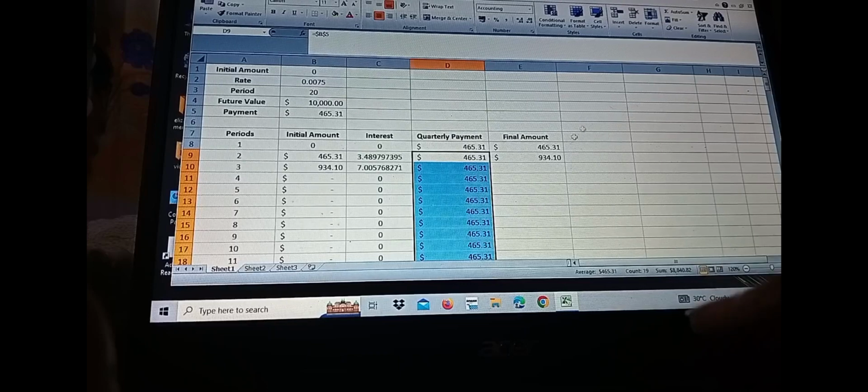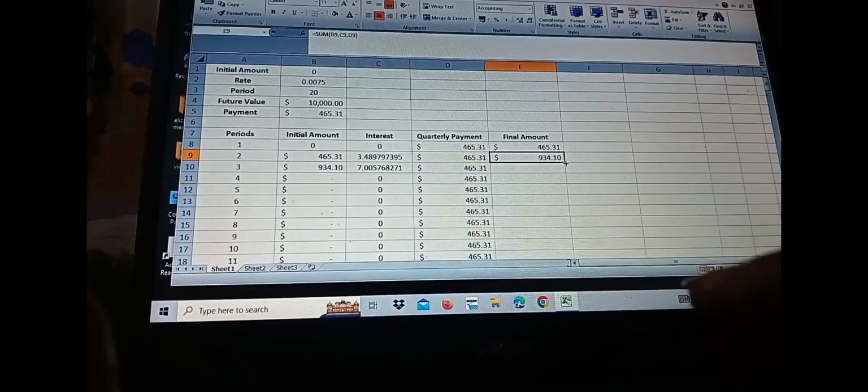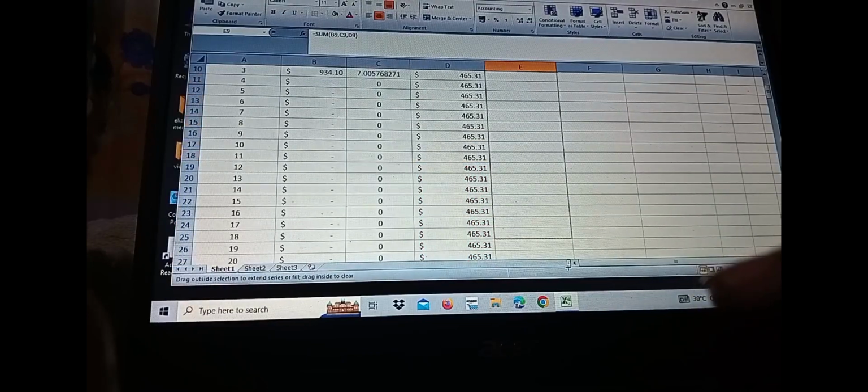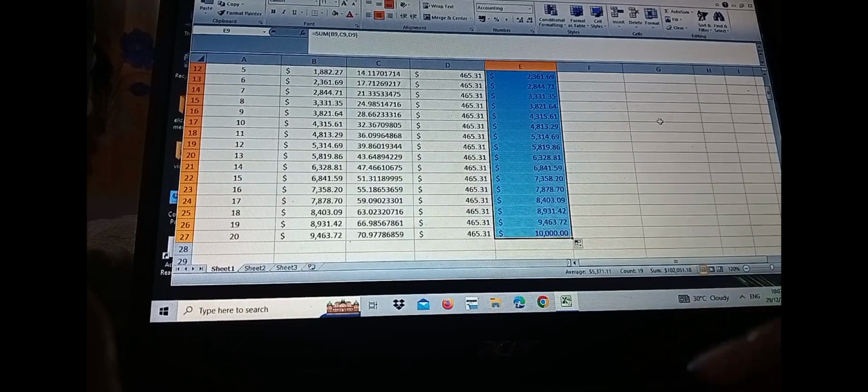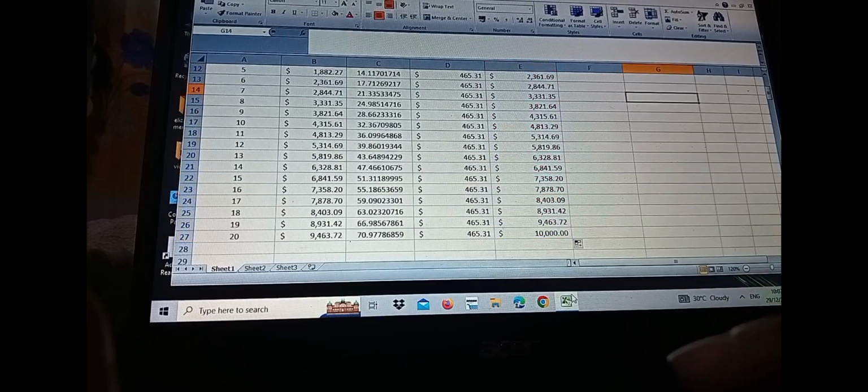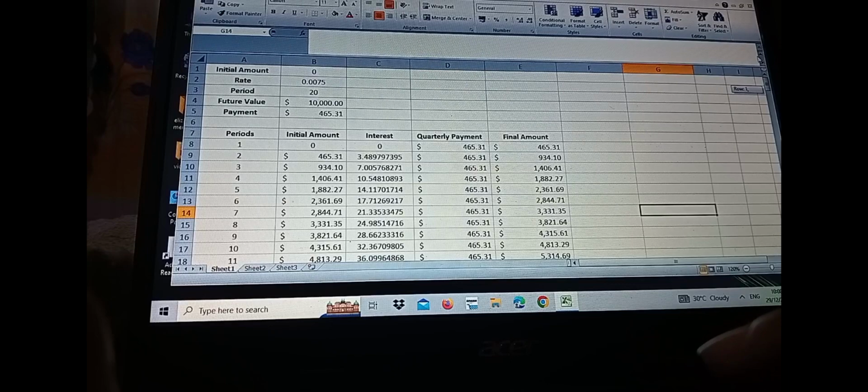So in the final amount, we have, perfect, the same future value in the 20th period final amount.